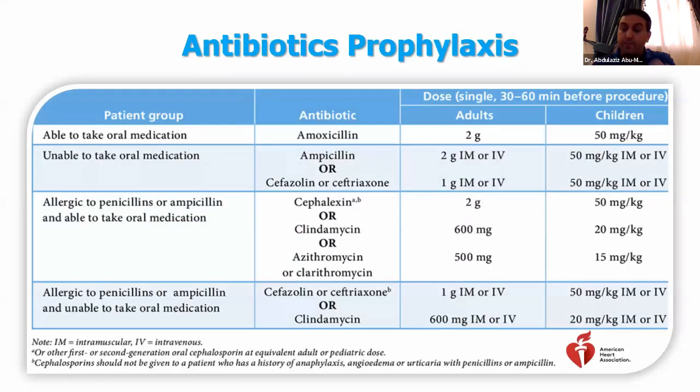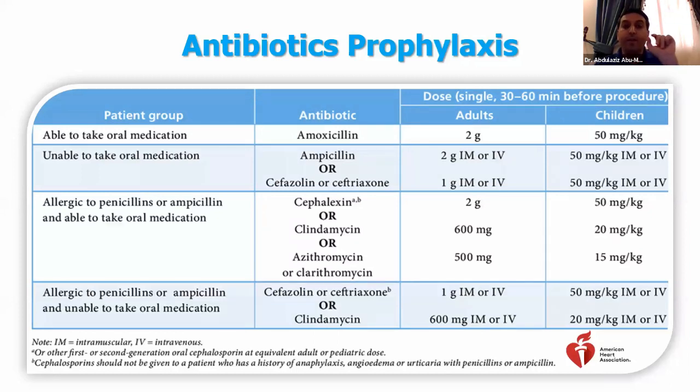This is the regimen. Now, the American Heart Association didn't change the recommendation, as the American Endodontic Society recommendation of clindamycin ever talked about it. So it's still the same regulation to date, 2020.